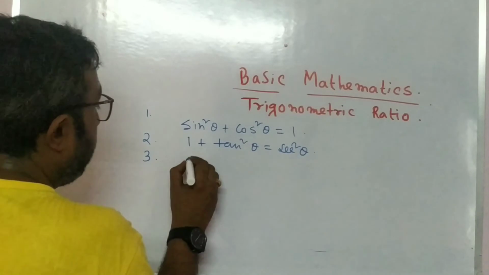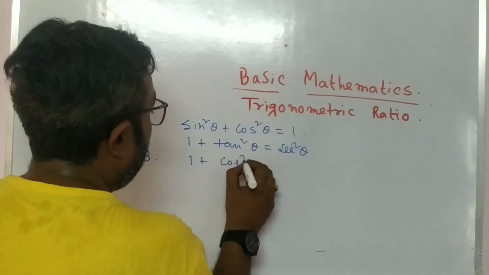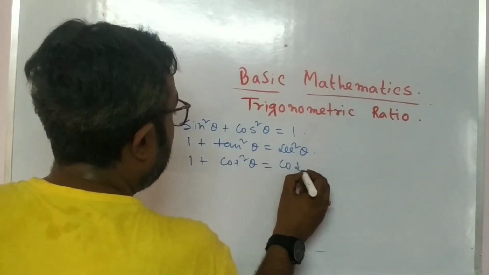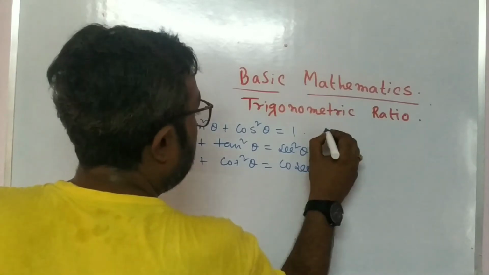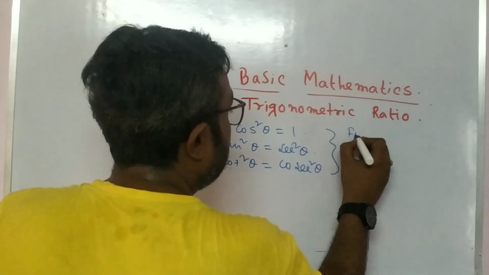Then we need to write 1 plus cot square theta equal to cosec square theta. These are fundamental formulas.